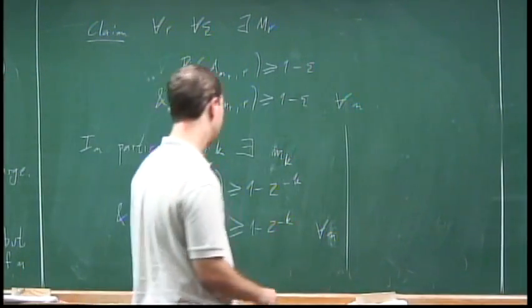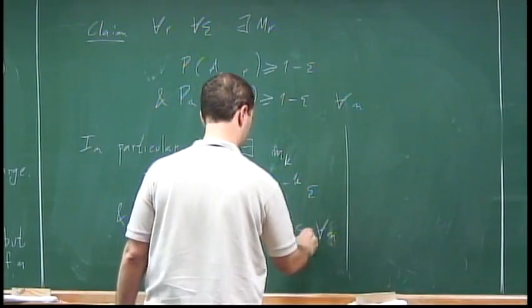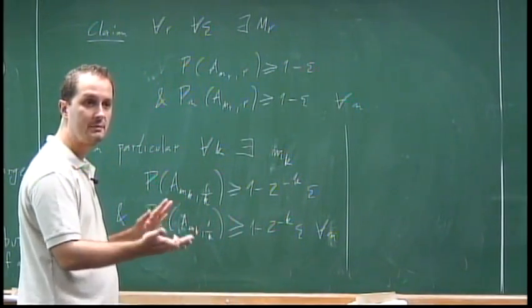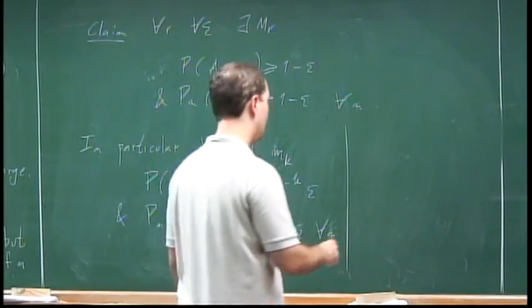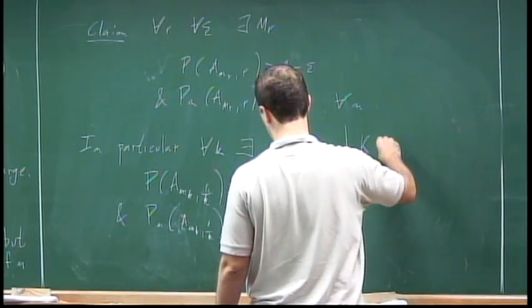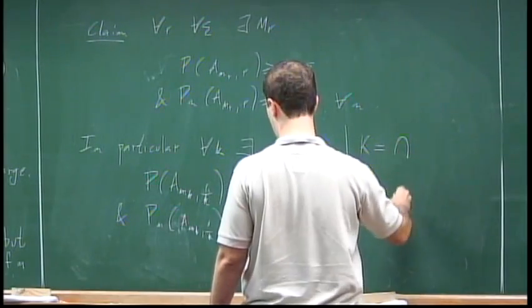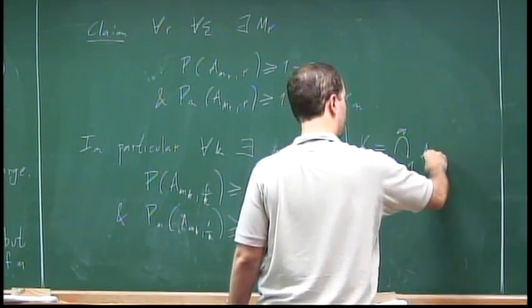Now my compact set, sorry, there should be an epsilon here. So what do we want to do? We want to find a compact set that covers everything but an epsilon fraction of the space for all measures, right? So what is the compact set? We take the intersection in k going from 1 to infinity of the closure of these sets.